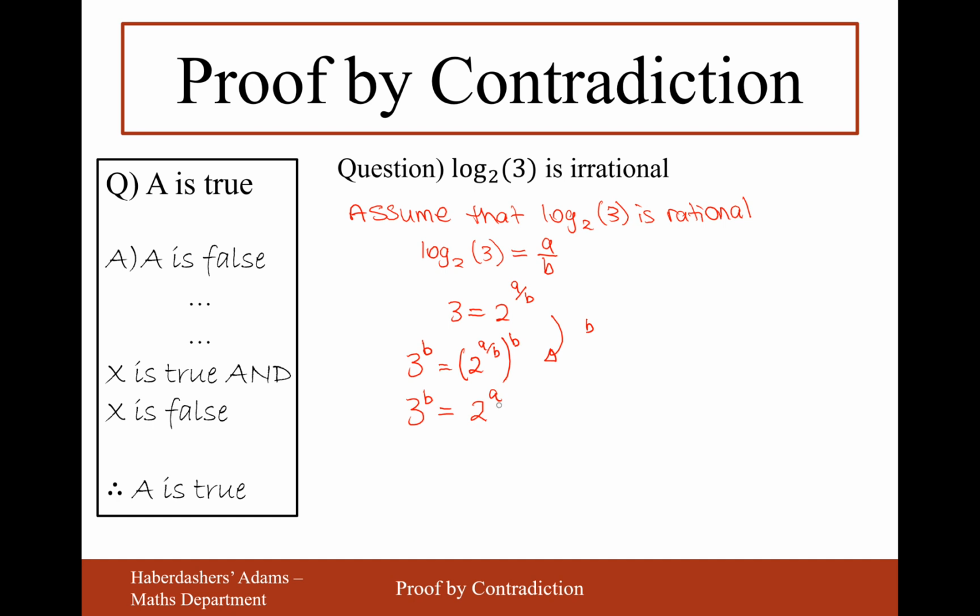Now a and b here are integers. Let's just write that down at the start. a and b are integers. And if a and b are integers, then it's going to be 3 times 3 times 3, b times, equals 2 times 2 times 2, a times.